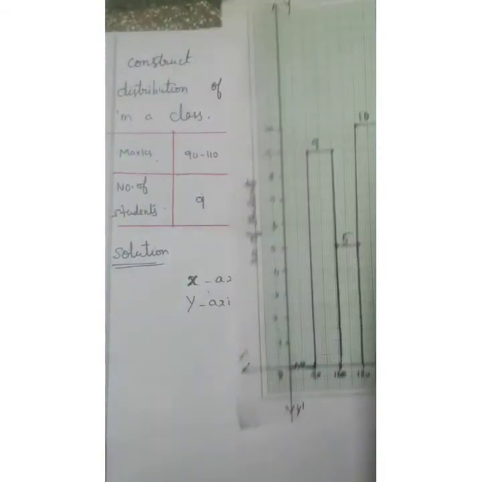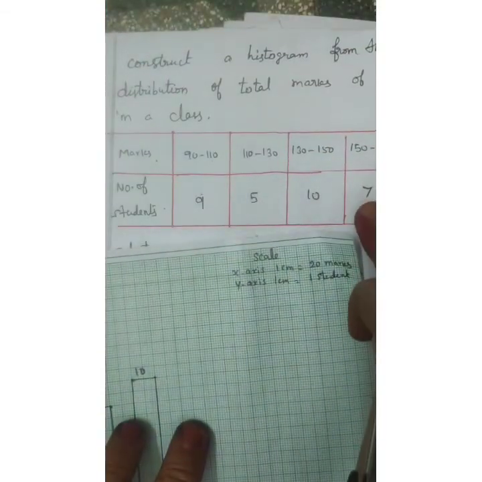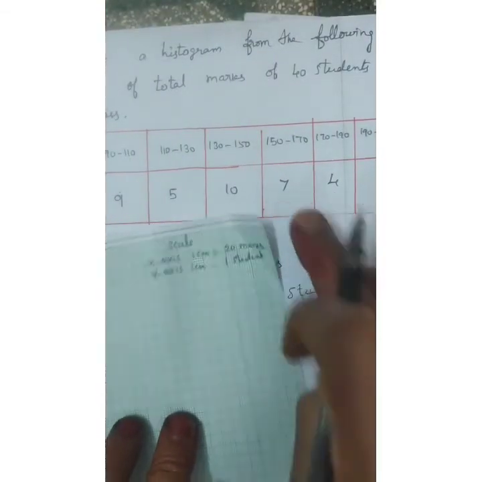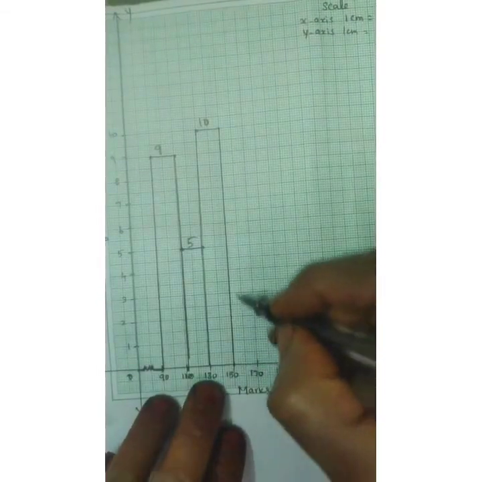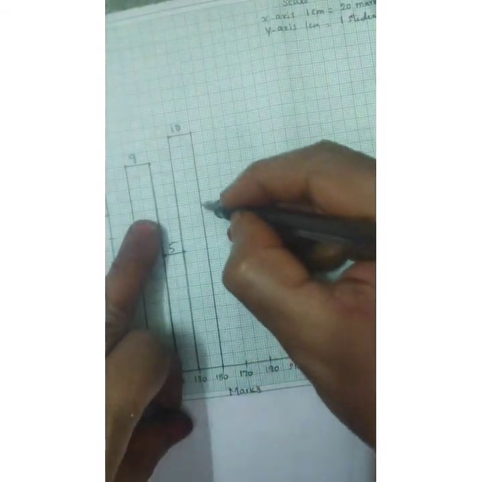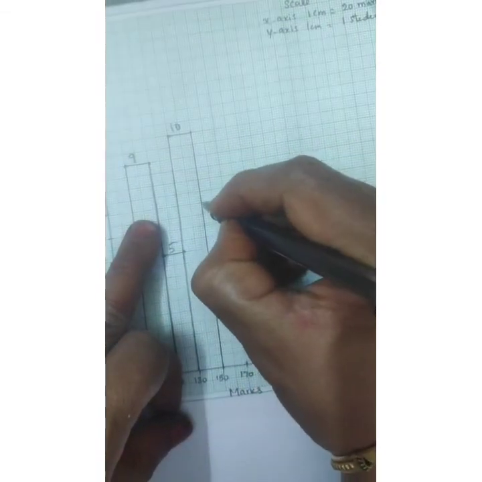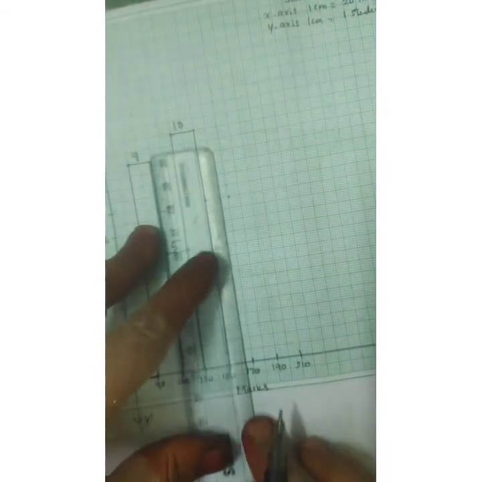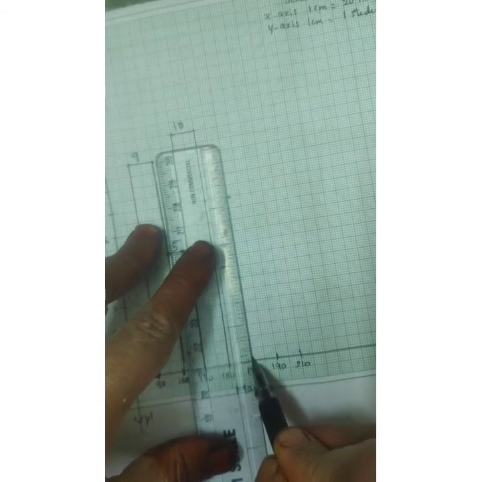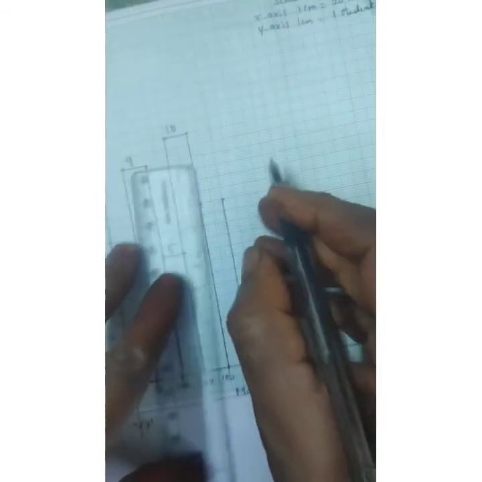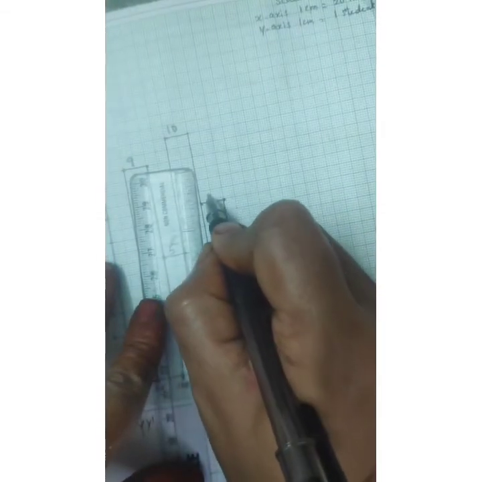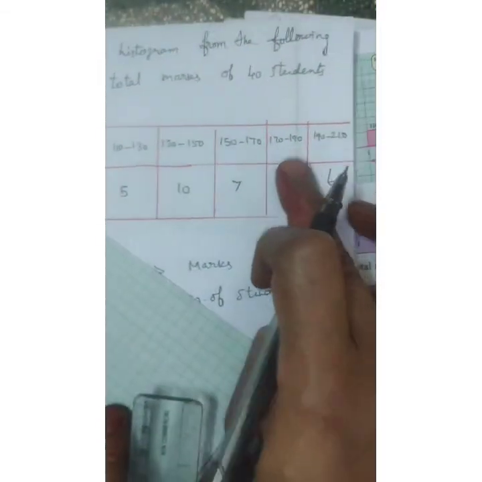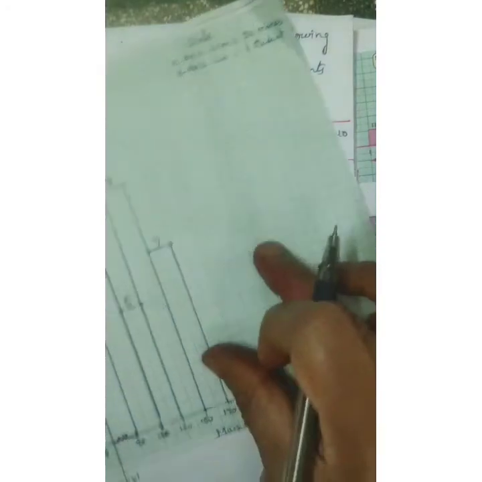You write. Next, 150 to 170, 7 students. 150 to 7. Join these lines. Seven. Next, 170 to 190, 4 students.